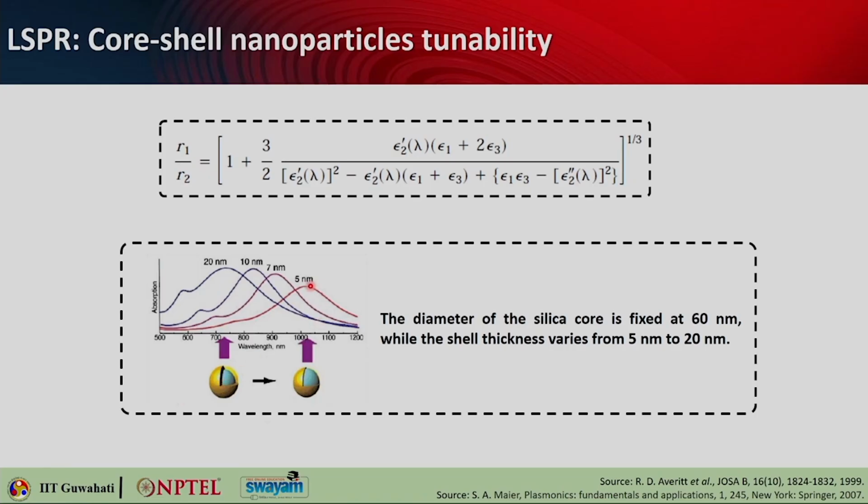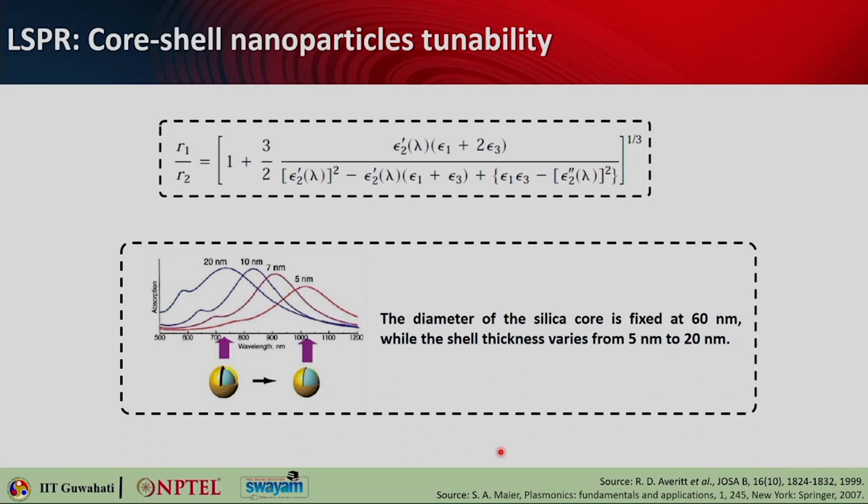You can see for 5 it is here, for 20 it is blue shifted. So, the thicker the gold shell, the resonance goes back towards the actual gold nanosphere resonance. So, the thicker you make it, it will go towards 520. Okay. This is how you can remember what happens with this.